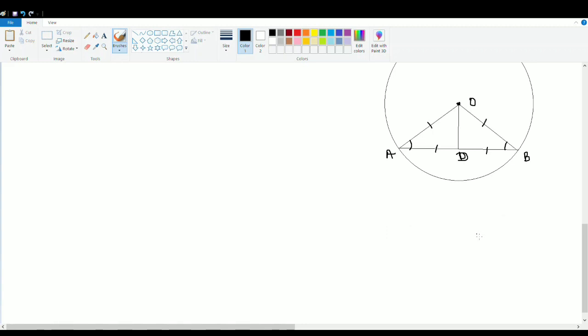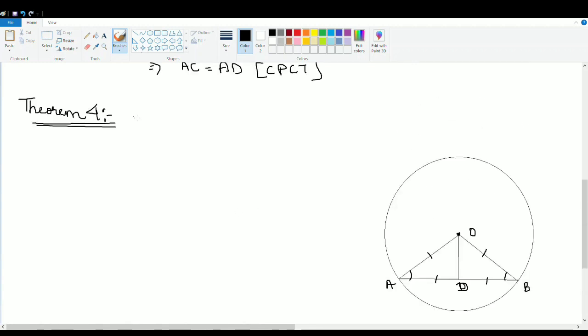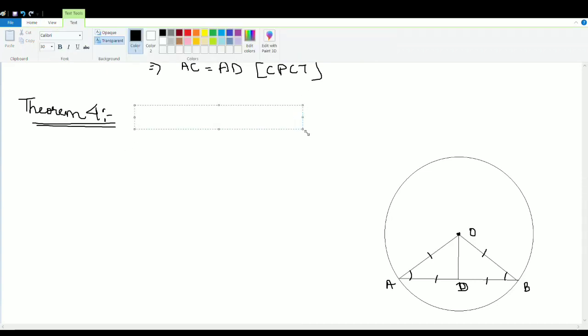So what I will do is that I will not write the proof of the theorem. I will just leave it for you, and I will just state the theorem, because you need to learn it.